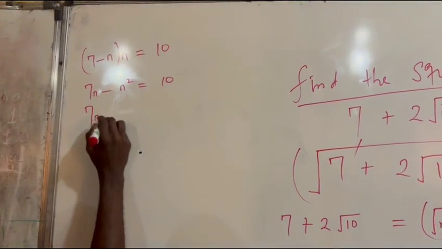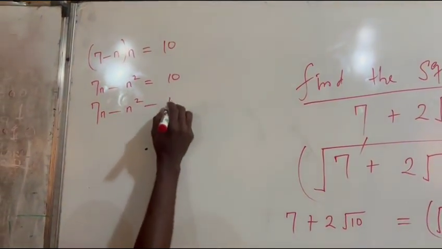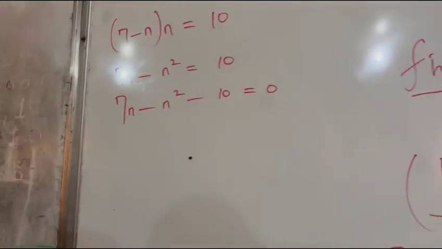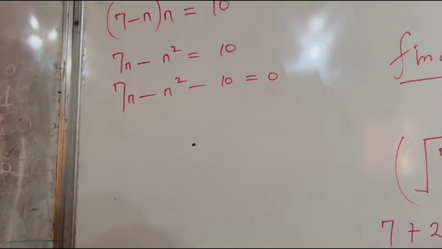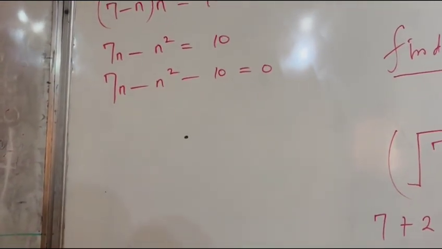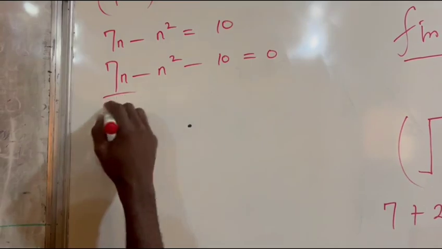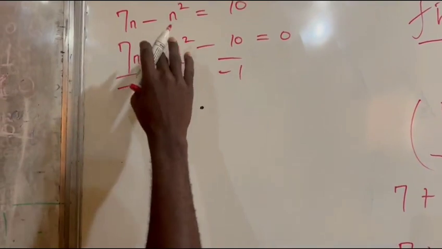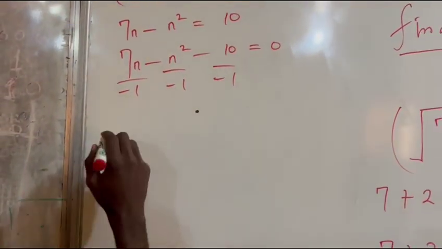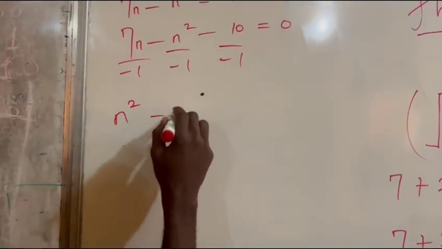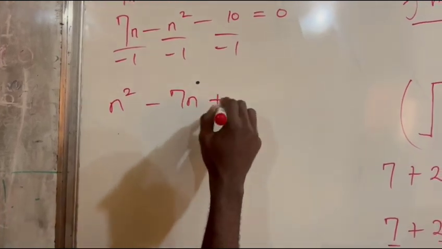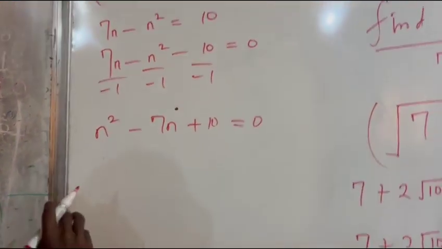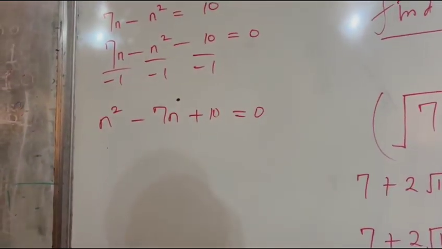You have 7n minus n squared minus 10 equals 0. Then this is also a quadratic equation, but in a different look, right? So I can divide all through by minus 1, so we can get rid of the negative of the n squared. So we have n squared minus 7n plus 10 equals 0. I already rearranged this equation. So this is what we have: n squared minus 7n plus 10 equals 0.